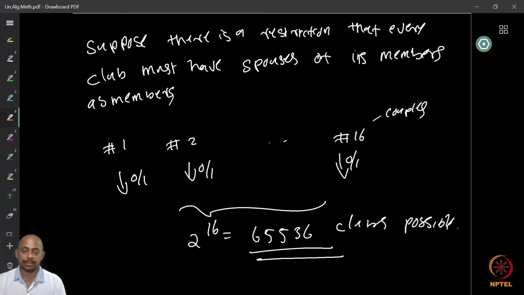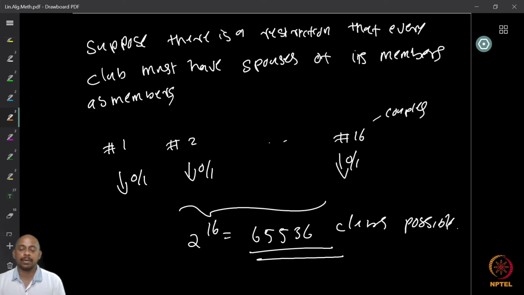With all these restrictions, because people are joining as couples, the number will always be even, and the number of shared people also will be even, because if there is one guy, then his wife will definitely be there, and if there's a lady, then her husband. So the intersection can never be odd, and the total number can never be odd.